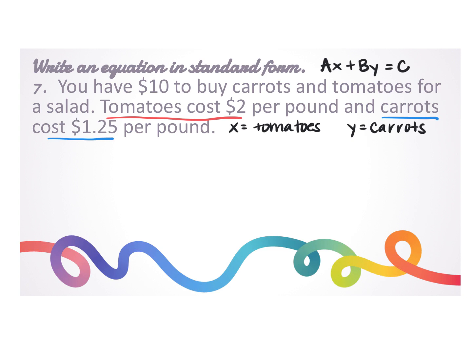Since the tomatoes are our x, and the tomatoes cost $2, I'm going to say 2x plus, and carrots cost $1.25, and I labeled my carrots with y, so 1.25y equals, and then I go back up here, you have $10 to spend, so that's going to equal 10. It's not asking us to solve them, it's just write an equation. So that's just what we did, we wrote an equation.